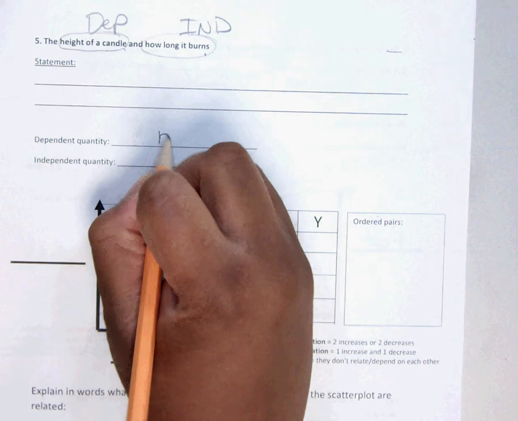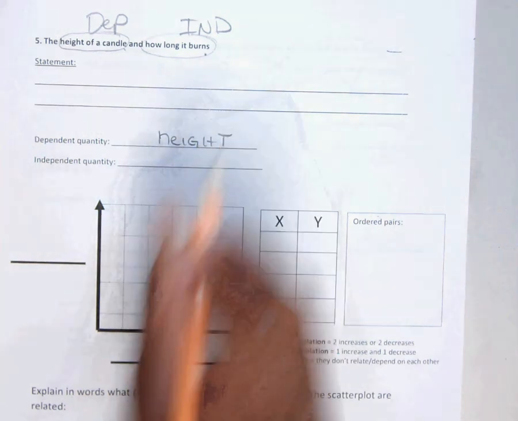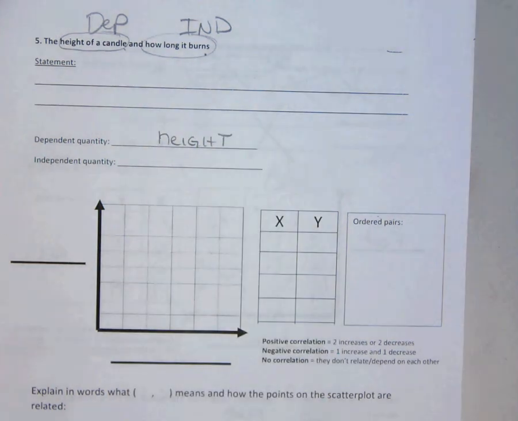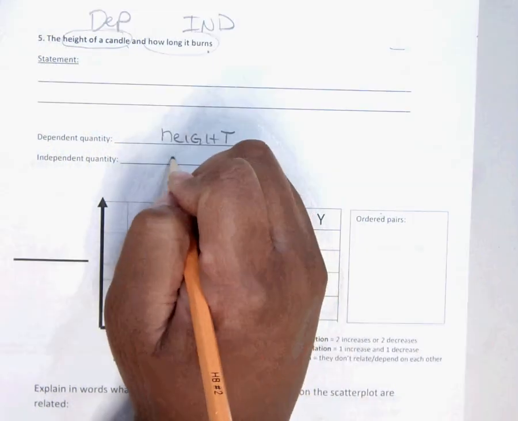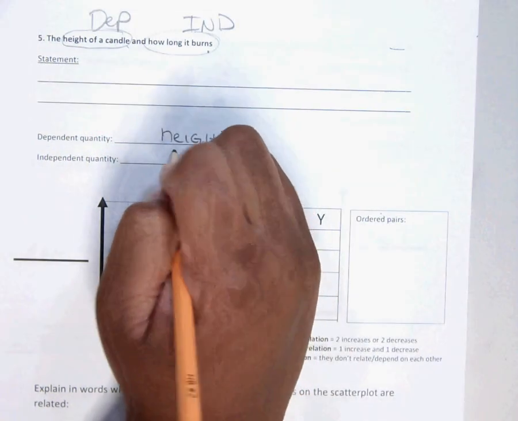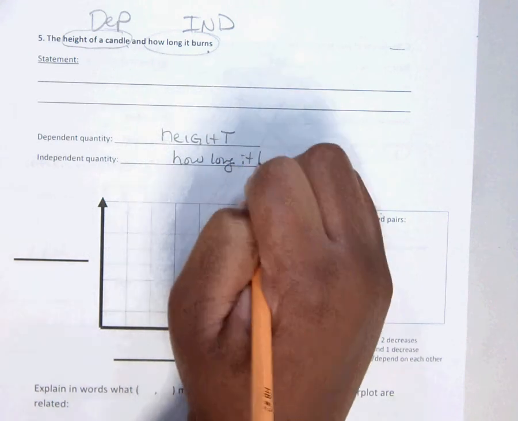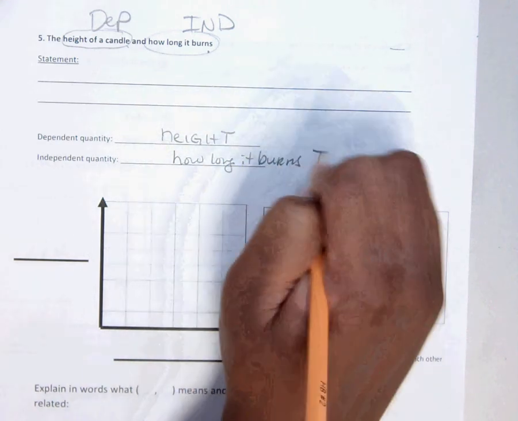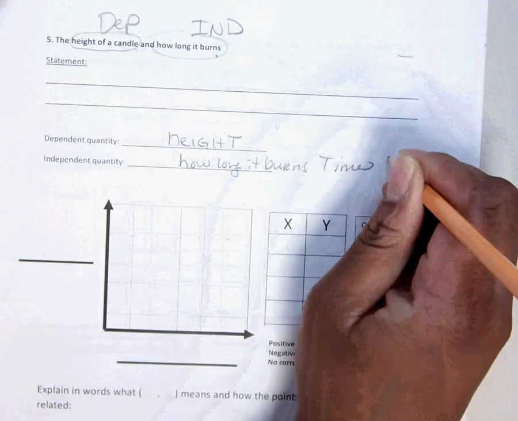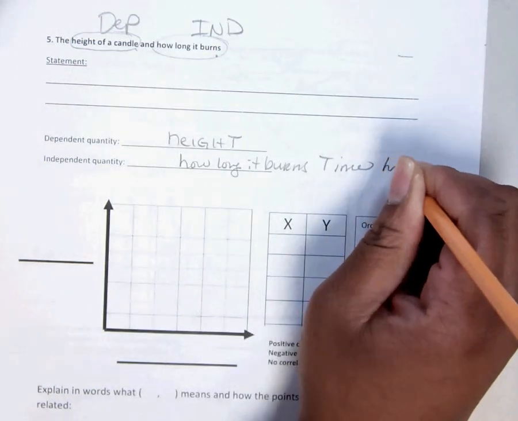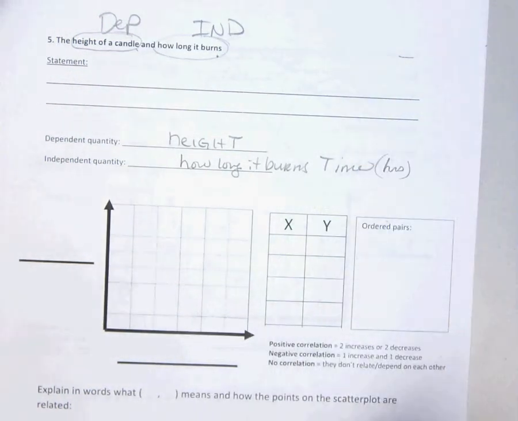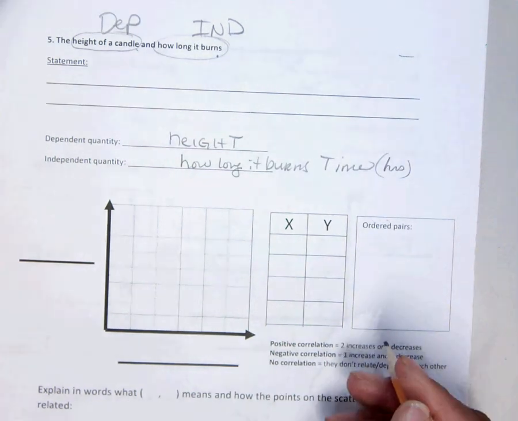So dependent is the height, and the independent is going to be how long it burns, which is really time. And you can measure the time in, let's say, hours, just because we use that a lot, and you can identify with it.